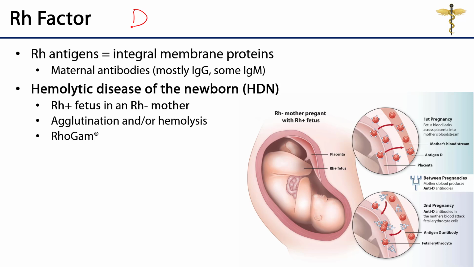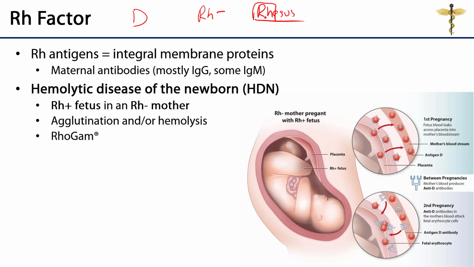And these antigens, like ABO, are integral membrane proteins. People do produce antibodies to these antigens, and it's really just an issue for individuals who are Rh negative. This group was originally studied in rhesus monkeys, and in honor of that, this is the Rh group.